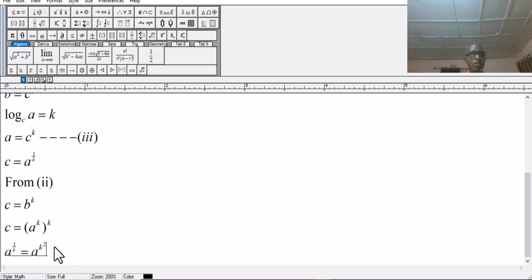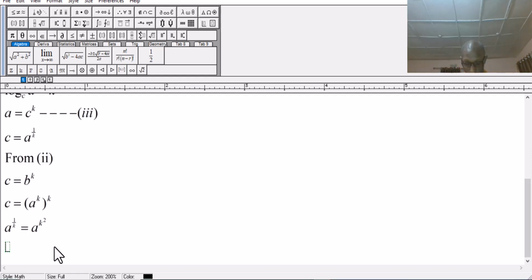So we have that. Now, since the base is the same, we can say that 1 over k is equal to k squared.